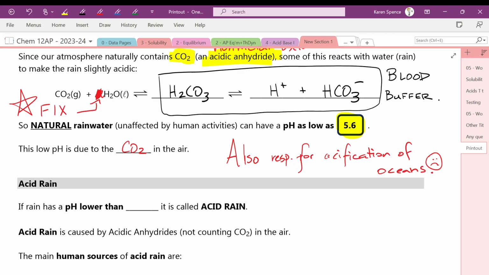If rain has a pH lower than 5.6, it is called acid rain.